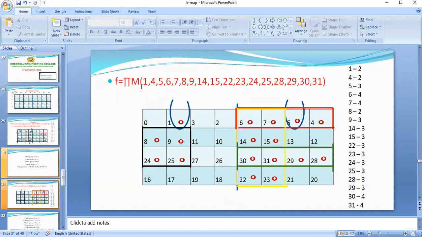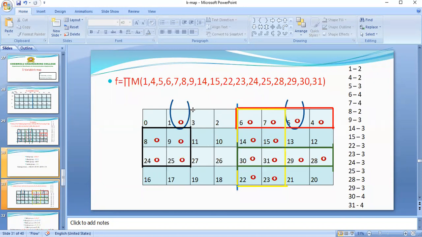Pi capital M of. By placing these maxterms in the K-map as zeros, we then get the simplified product of sums expression. First, you have to draw a 5 variable K-map. After that, you have to place these maxterms as zeros in the K-map.